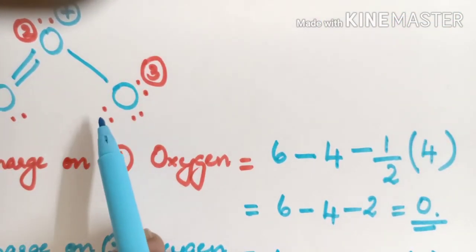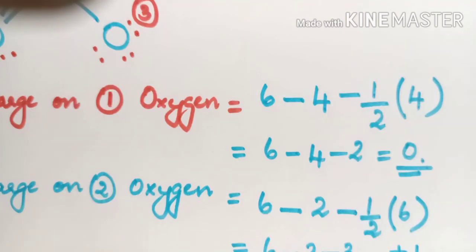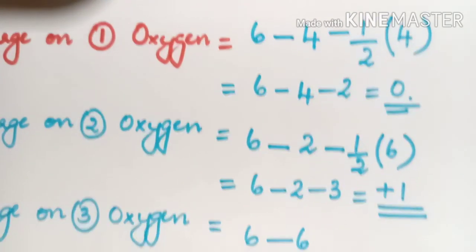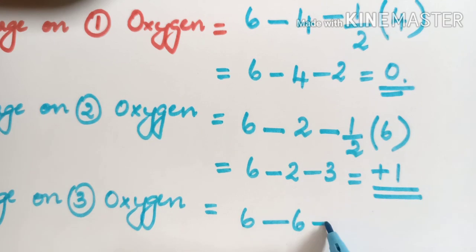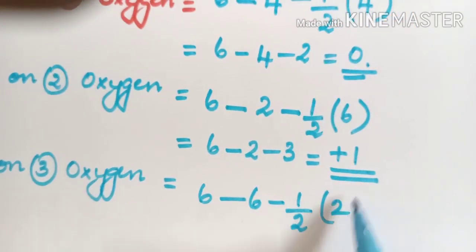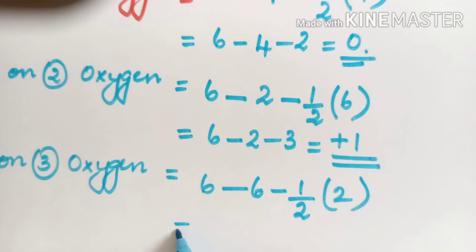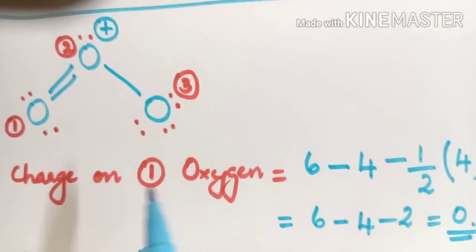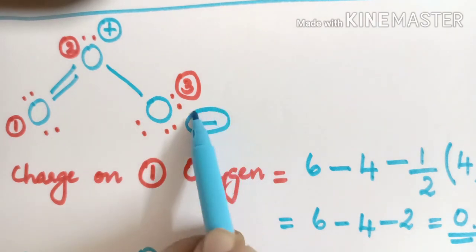How many lone pairs? 3 lone pairs, so a total of 6 electrons, minus 6 electrons, minus half of the bonding pair electrons. How many bond pairs are there? Only one bond pair, half of 2. So what will be the net charge here? It is 6 minus 6, that is 0, minus half of 2, which is equal to negative 1. With the result, the last oxygen will carry a negative charge.